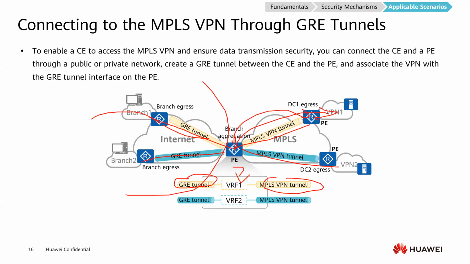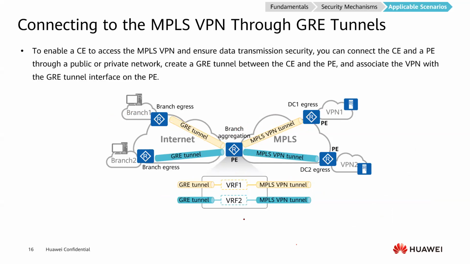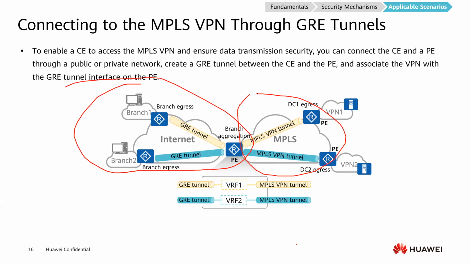So those networks can communicate with each other. So this is another usage scenario, especially when you're trying to combine two different networks, the internet and the MPLS.